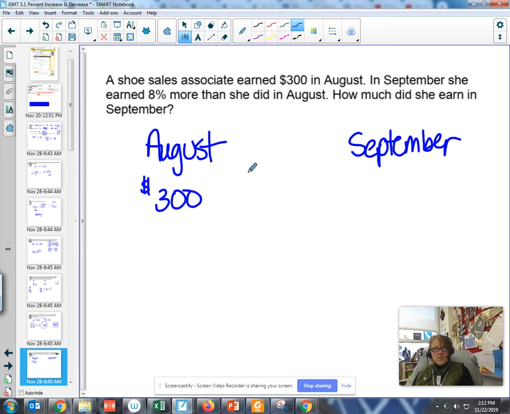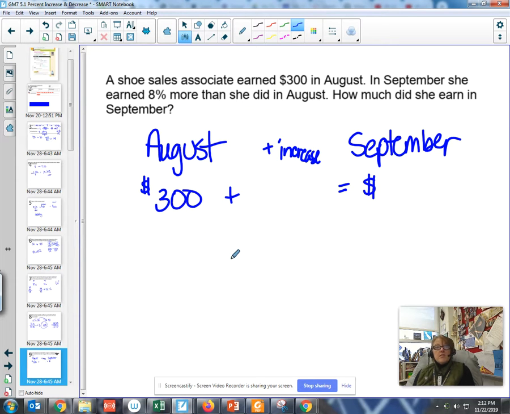So how much did she earn in September? Oh, do we have enough information here? I need to add some sort of amount that's the increase, and then I'm going to get my total amount in September. I know it's whatever 300 plus whatever this increase is, and it says it's 8%.